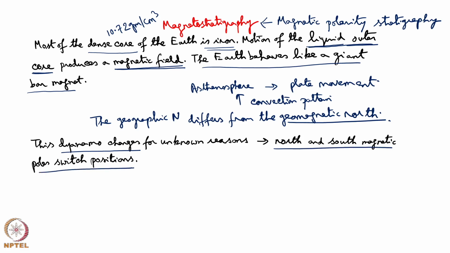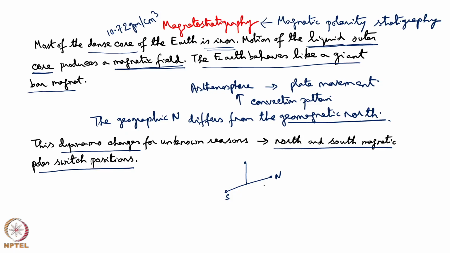What does it mean? If I take a magnetic needle and say this is north and this is south, with a thread I have hung a magnetic needle, then the north direction always orients in a specific direction at present and the south is in the opposite direction.